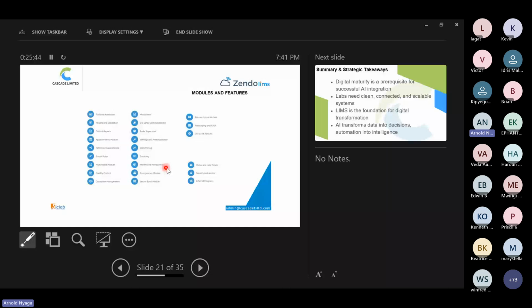It also has a blood banking module, and sample banking, whether histology or blood samples, if you want to store samples for research for later.